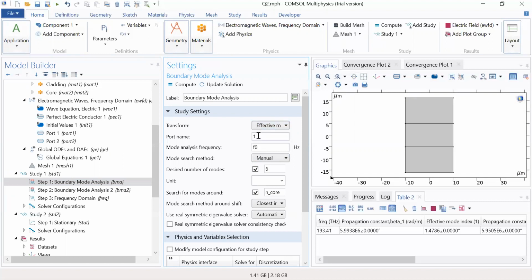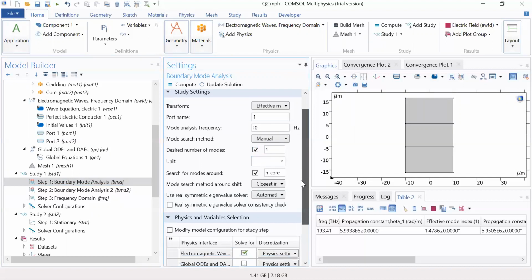We put port 1 mode analysis, and here is the thing we are most interested in: the desired number of modes in which we are working. I just choose 1, which equals the fundamental mode. We will change this depending on the situation as we move further.